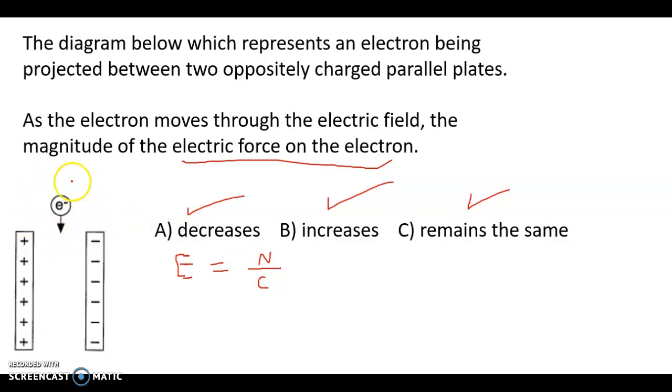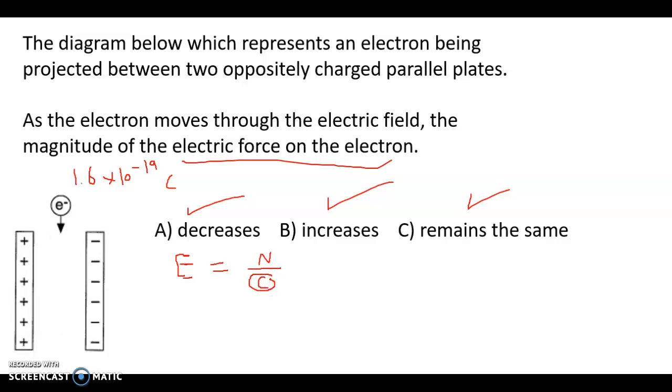Since we have the same amount of charge, the electron charge, 1.6 times 10 to the negative 19 Coulomb, it remains the same here.